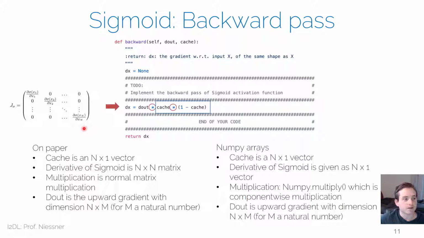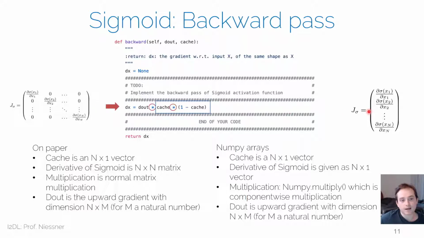But in fact, in this implementation, we use coordinate-wise multiplication. The trick is that you take this Jacobian matrix and you say, okay, we don't need all these zeros, all we need is what's on the diagonal, and we can write the Jacobian more efficiently as just the vector that has these values, because matrix multiplication with a diagonal matrix is basically like a coordinate-wise multiplication with whatever you're multiplying it with.